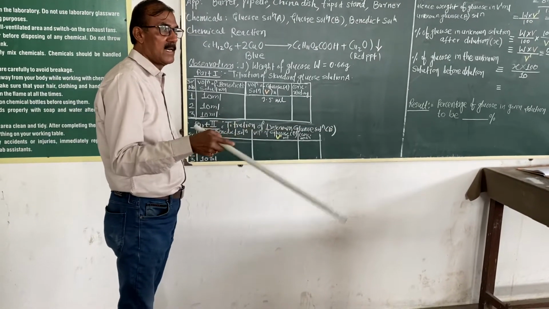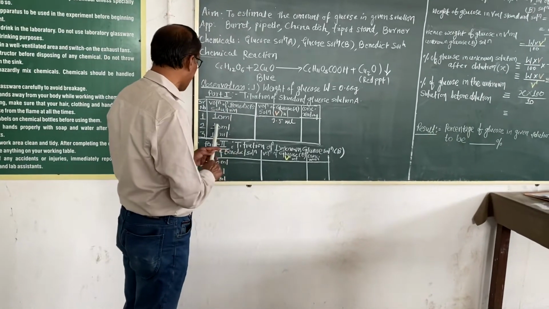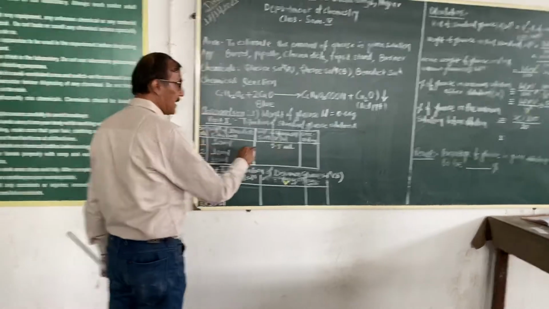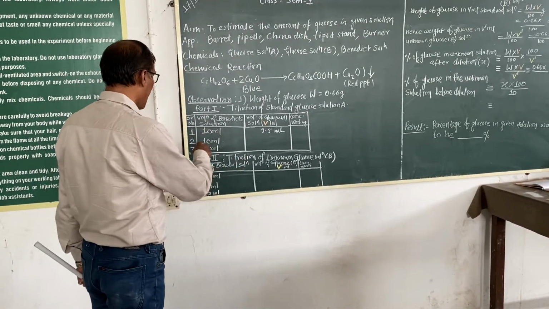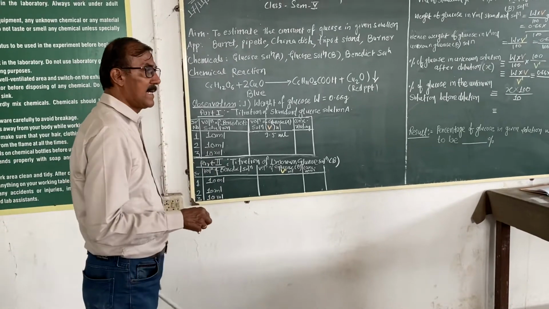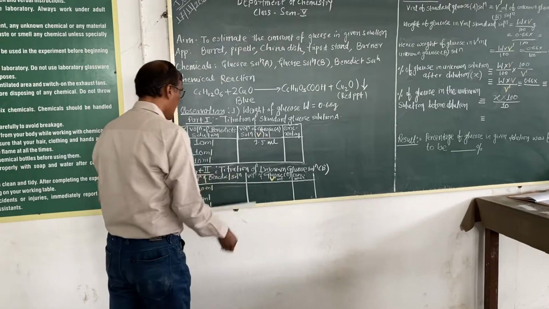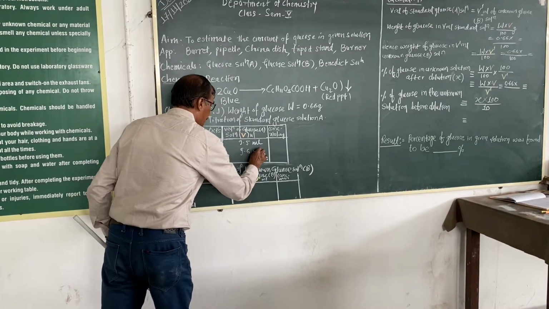Again take 10 ml Benedict solution in a china dish and again boil the Benedict solution, and titrate again with glucose solution A. So again it may be 9.6 ml.